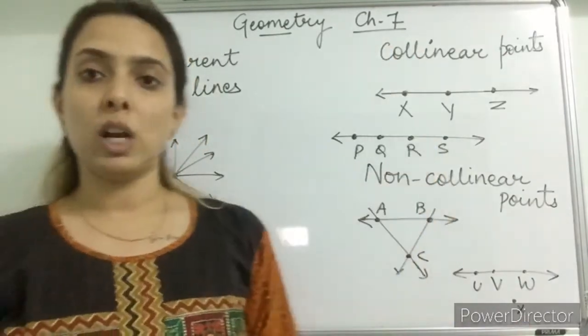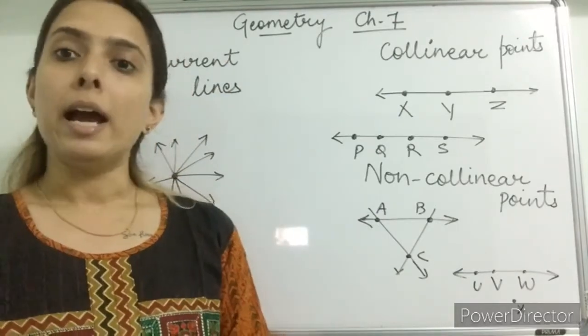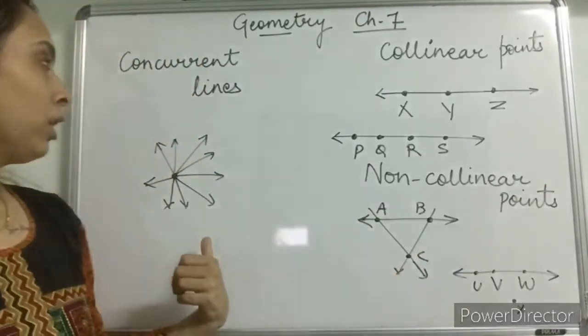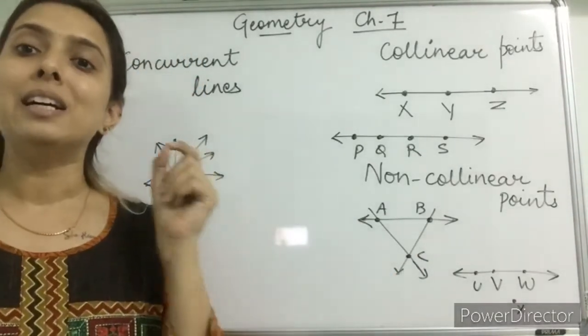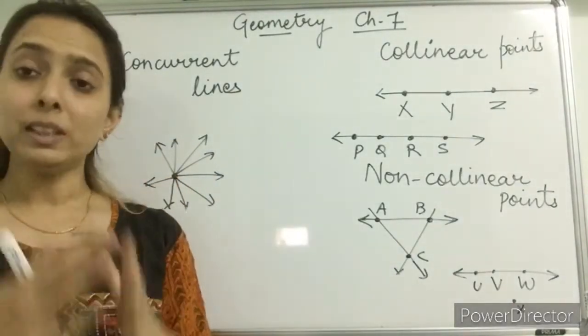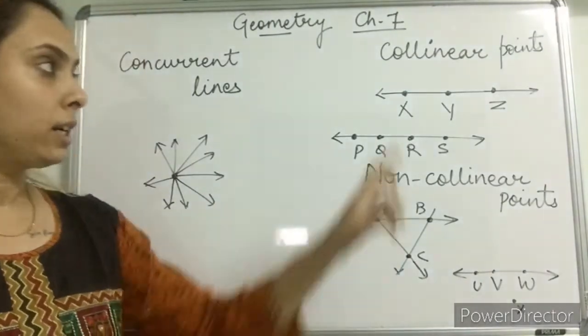So this was all about concurrent lines, collinear points and non-collinear points. Let's do a quick revision. Concurrent lines are those lines which are drawn from the same point. Lines that pass through the same point are concurrent lines.